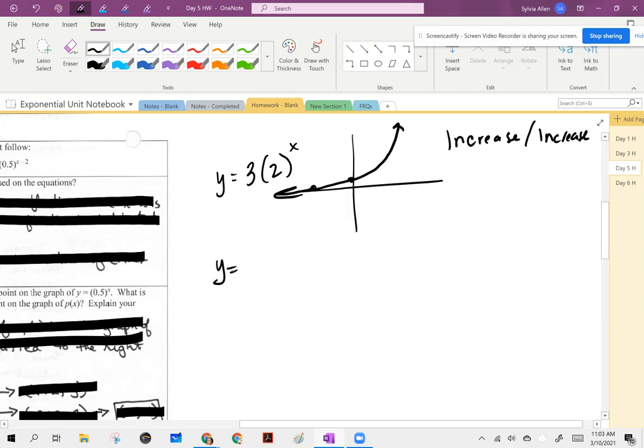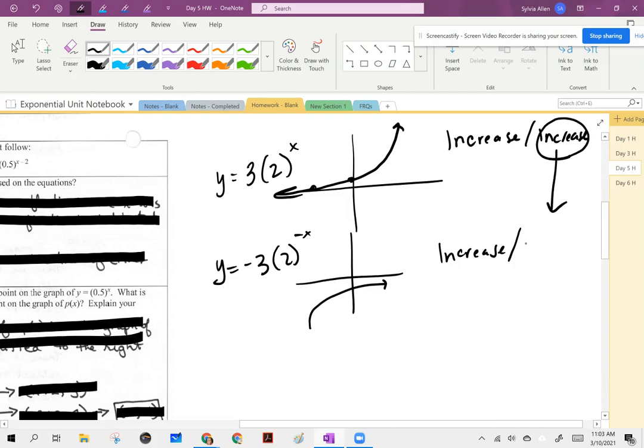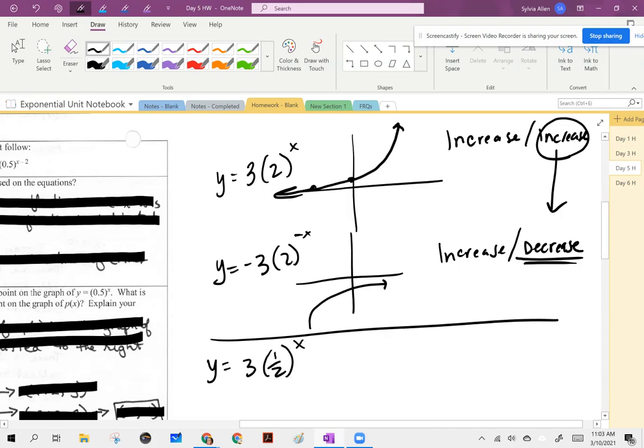If we do 2 reflections, we are still with growth. So we're still increasing, but the second reflection changes the rate of the increase. So let's see if you could figure this one out. If I have 1/2 to the x, this is going to be decay, right?